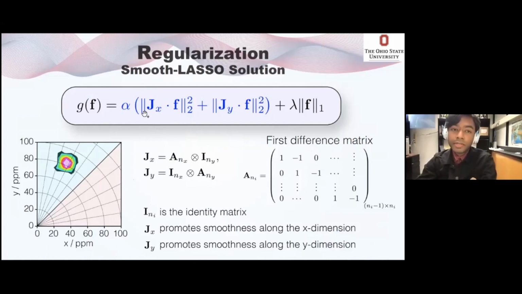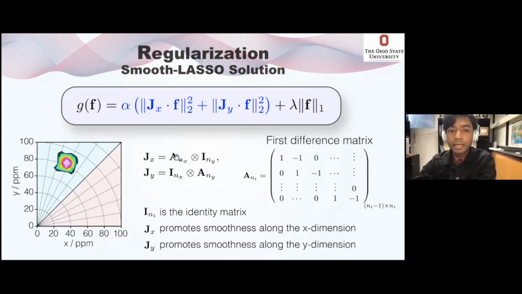Now, the only difference in the L2 term is instead of taking the 2 norm of the vector itself, the vector f, we multiply it by a smoothing matrix. So J sub x and J sub y are the 2 smoothing matrices that smooth the solution along the x direction and along the y direction.